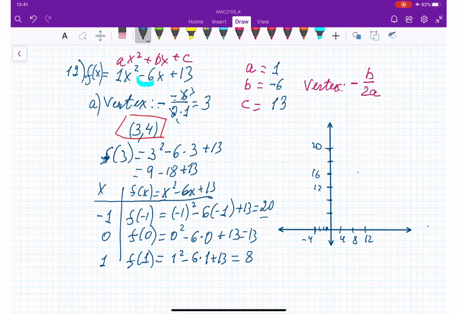All right. So let's mark down our points. Our vertex is going to be 3 and 4, right? X is equal 3, which is going to be close. 3 and 4, okay. Oops, sorry.